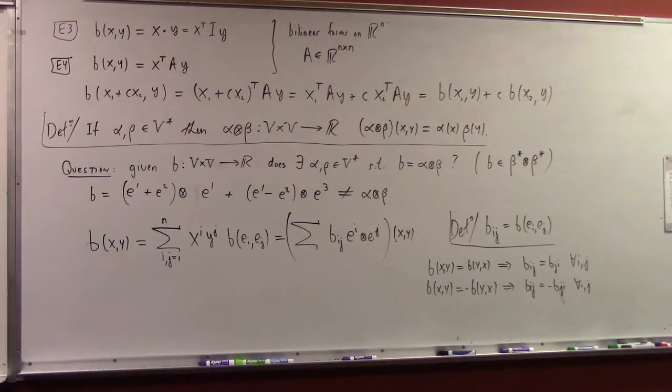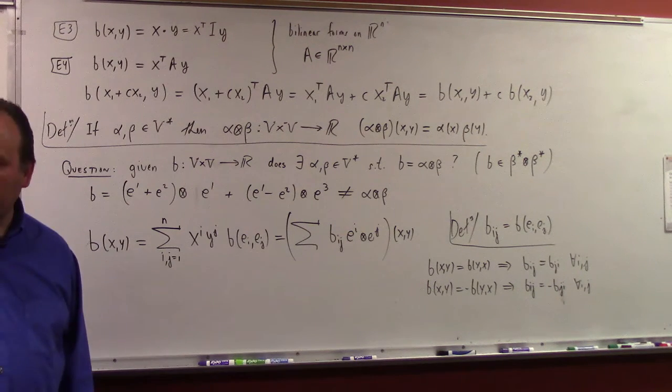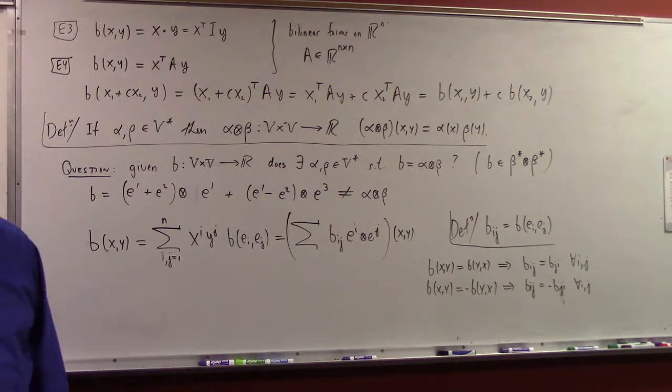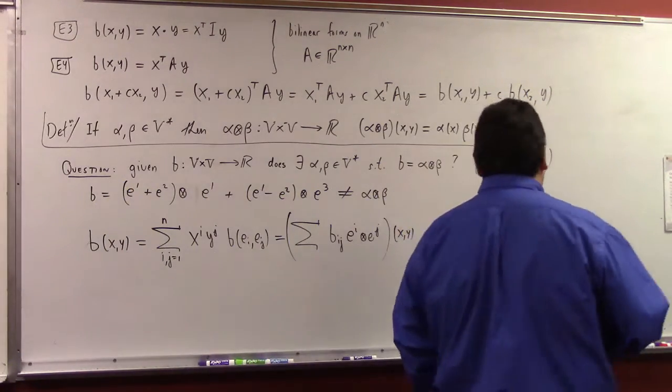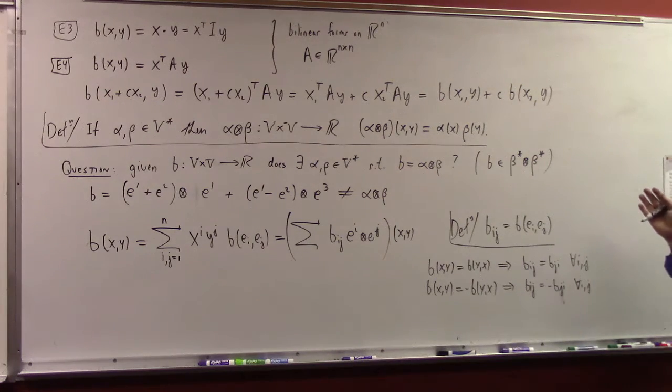Now there's a deeper conversation to be had here because there are four different kinds of bilinear maps on V we could think about, quote unquote. We could think about a bilinear map on V cross V. We could think about a bilinear map on V cross V dual. We could think about a bilinear map on V dual cross V. We could think about a bilinear map on V dual cross V dual.